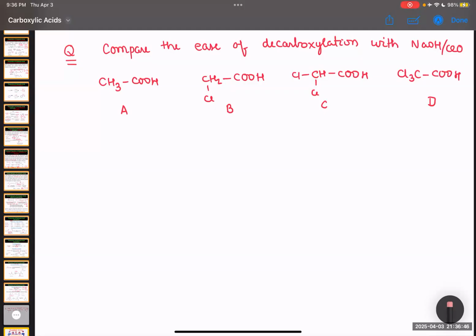These are the three carboxylic acids: acetic acid, chloroacetic acid, dichloroacetic acid, and D is trichloroacetic acid. You heat them with NaOH and CaO, and we ask which is going to decarboxylate most easily.